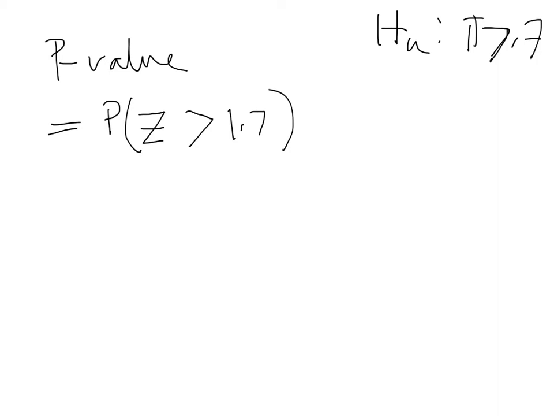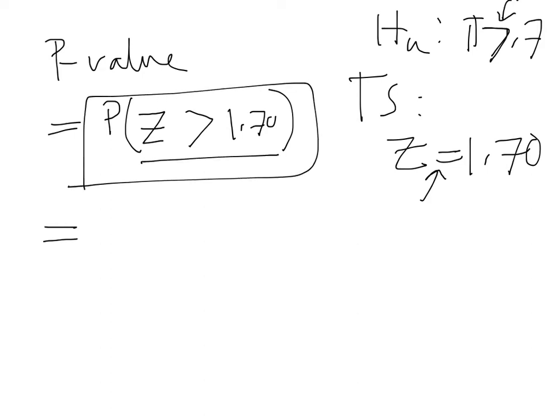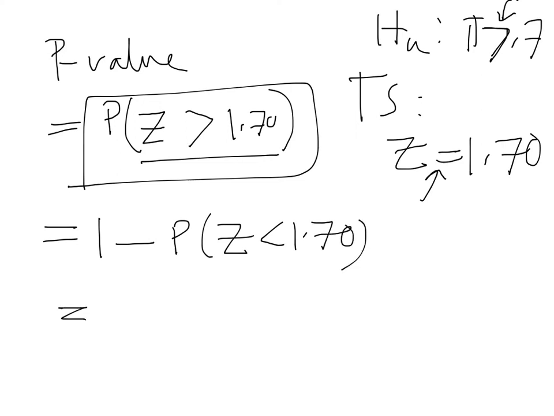Recall your test statistic was z equals 1.70, so replace the equality sign by the greater than sign to get this. Now for this, you look at the table and you know it is 1 minus the probability z less than 1.70. So 1 minus 0.9554, which is 0.0446.